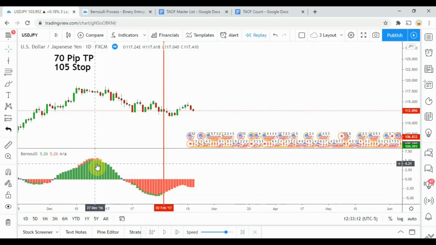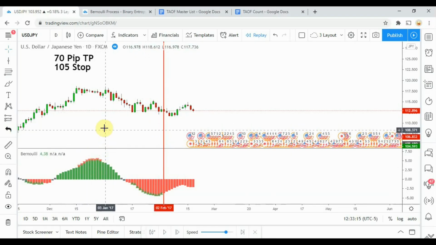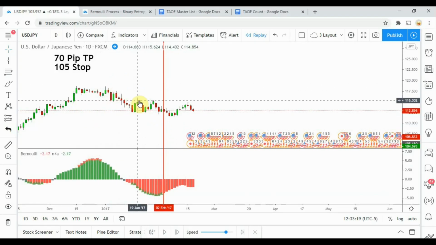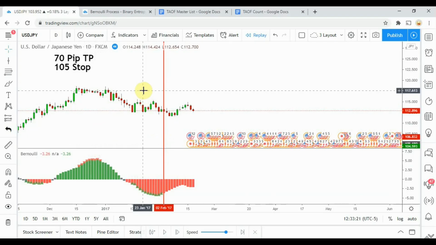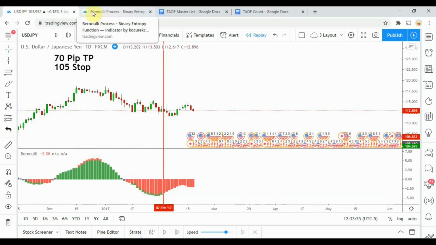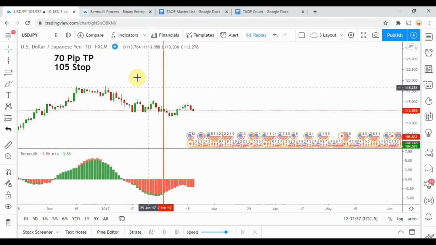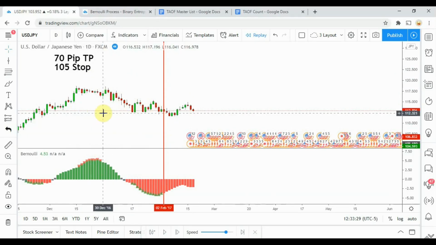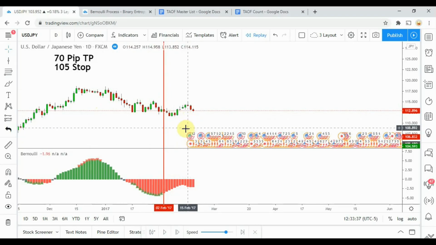The theory behind this, as far as I could tell from what the creator was saying, and I imagine we probably could have dug into the process itself to understand maybe some other indicators that could be added.